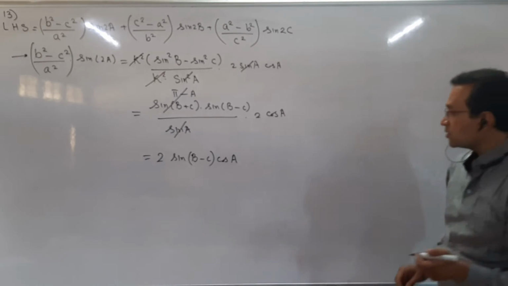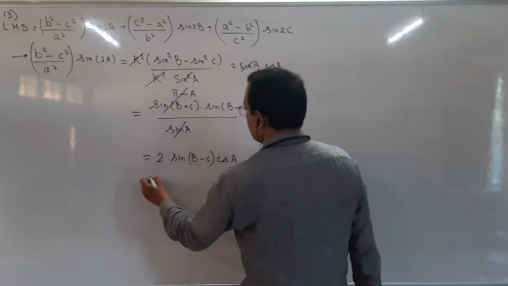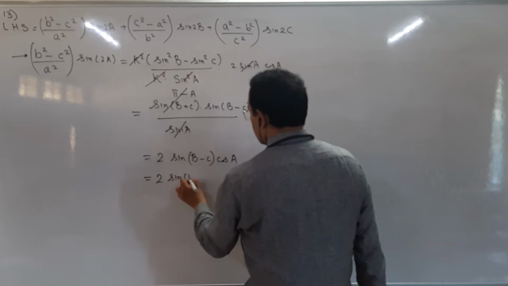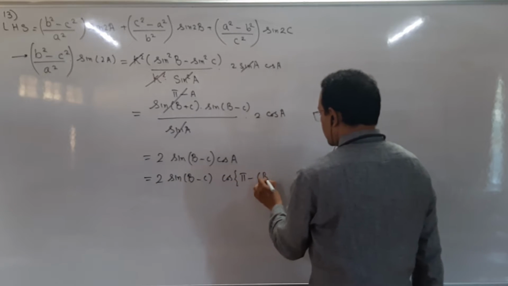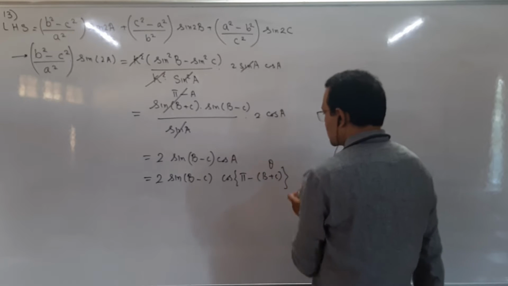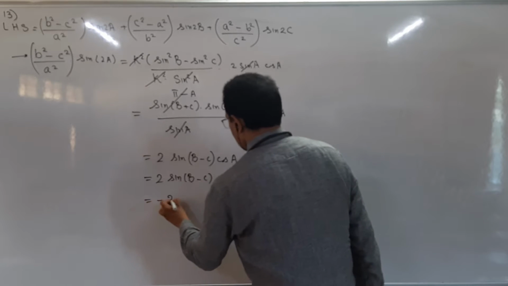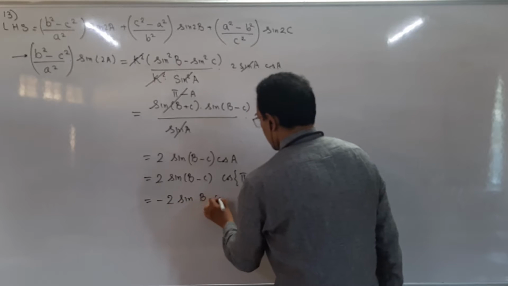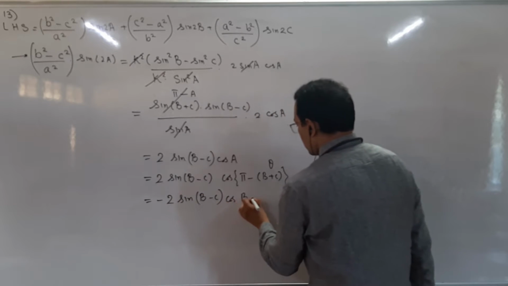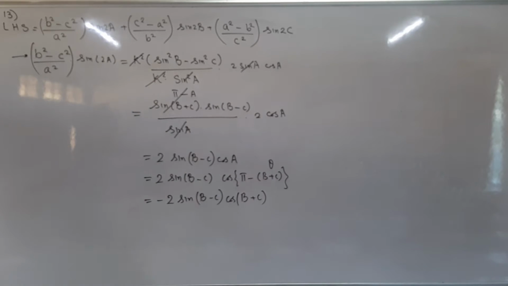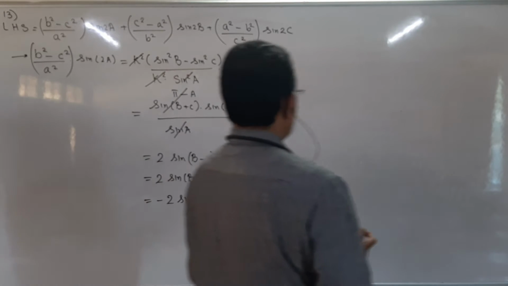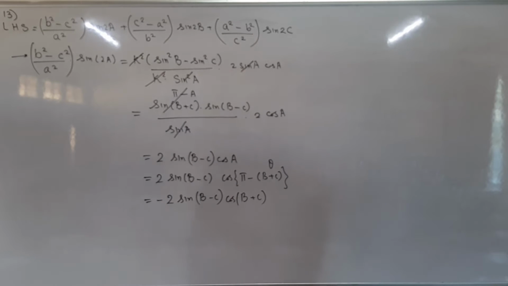Now students, I can convert A in terms of B and C. We can write this as twice sine B minus C cos of pi minus B plus C. Now cos pi minus theta is minus cos theta, so minus 2 sine B minus C into cos B plus C. This much very easily students we can write. Now 2cs, because plus term is for cos, so I am taking 2cs.